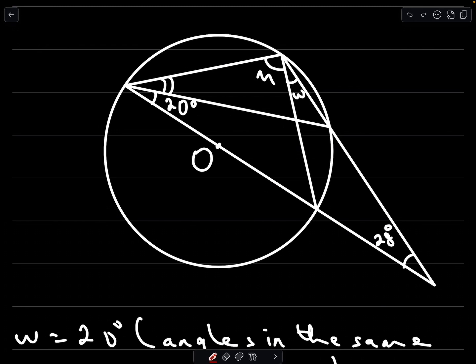So let me name this Y. That's the angle we want to find. So I can now say that 20 plus Y plus M plus W plus 28 equals 180 degrees. Angles in a triangle. So that's what I'm going to write.